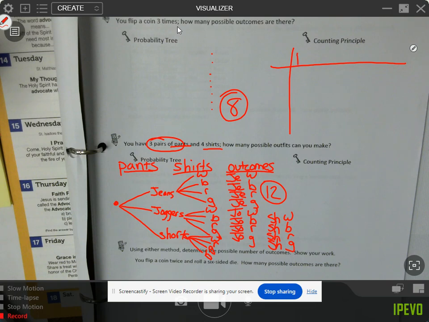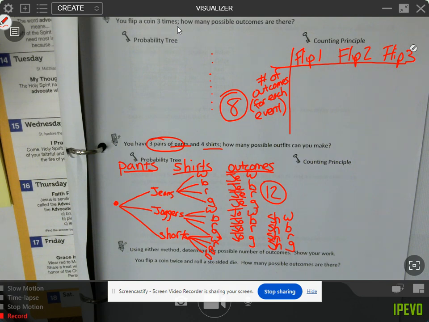The flips. Remember, we had event 1 was flip 1, event 2 is flip 2, and event 3 is flip 3. On the side, we're going to write number of outcomes for each event.